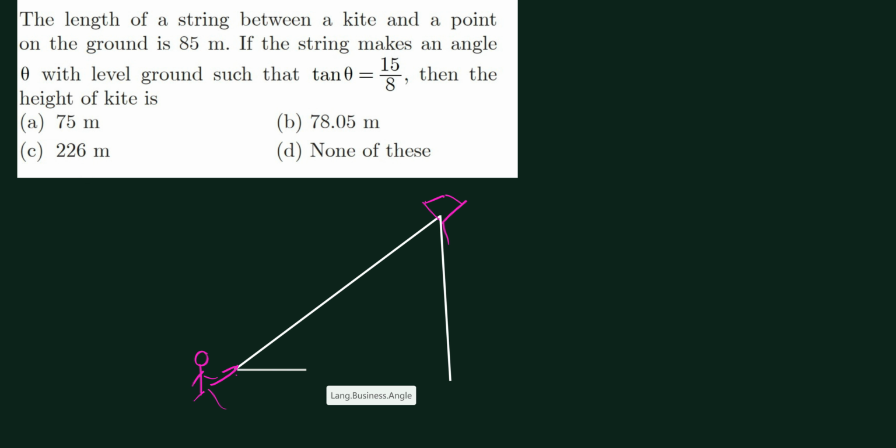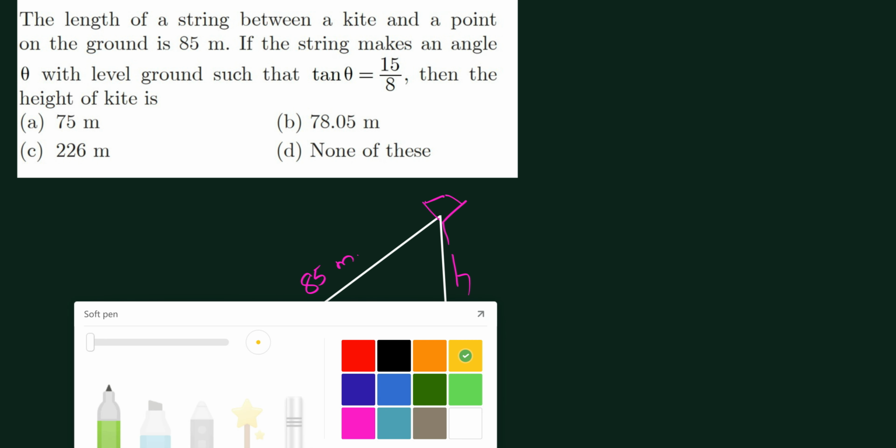You make a triangle. What is the angle of elevation? Let us say that is theta. And what is the length of this string between the kite and the point on the ground? That is given, 85 meter. And we need to find the height of the kite from the ground. So we need to find h.